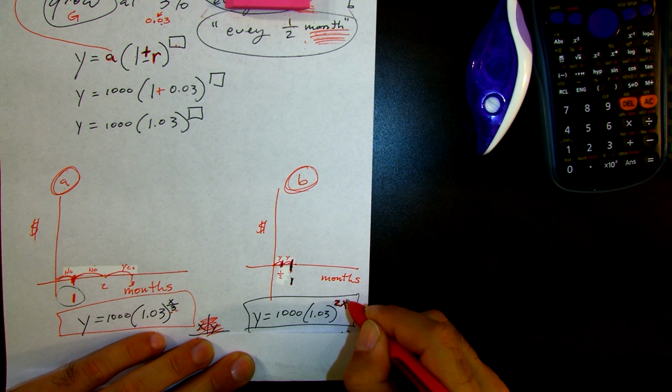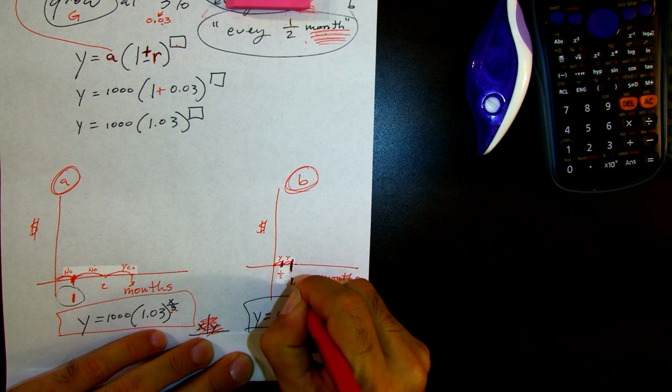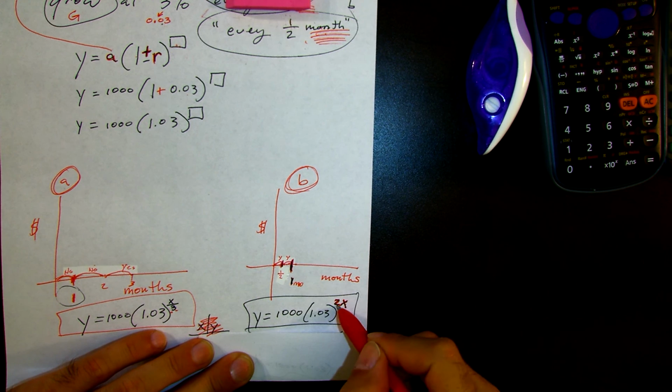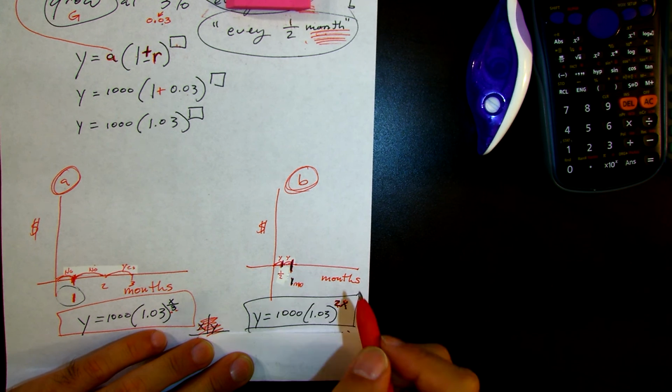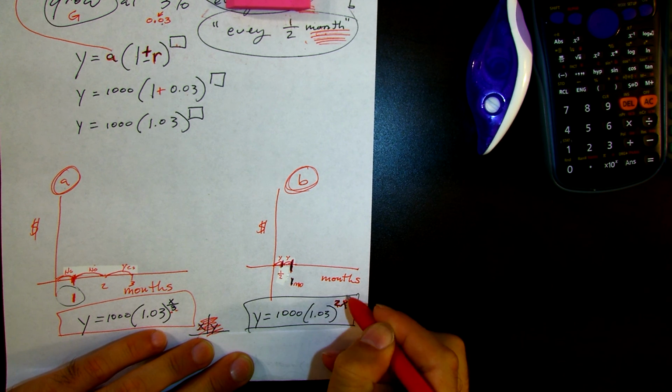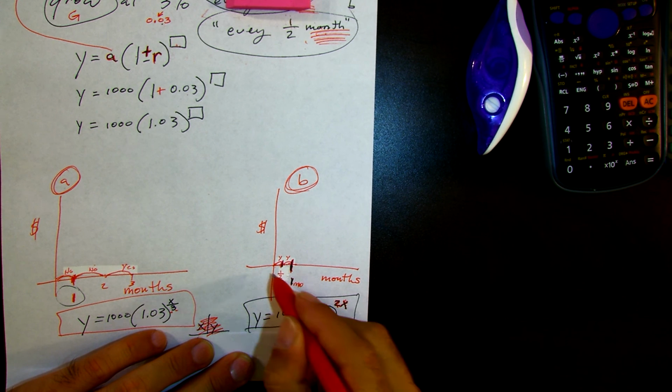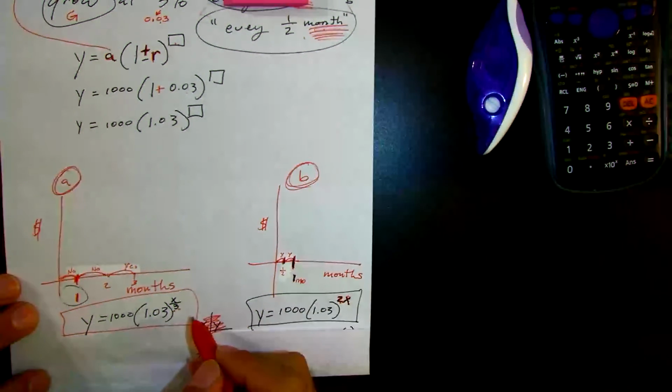So if I plug in 1 right here, my exponent will end up being 2, and it's going to show that I had 2 growths already. Look over here. If I plug in 1 month right here, that's saying I had 1/3 of the time needed to get the growth.